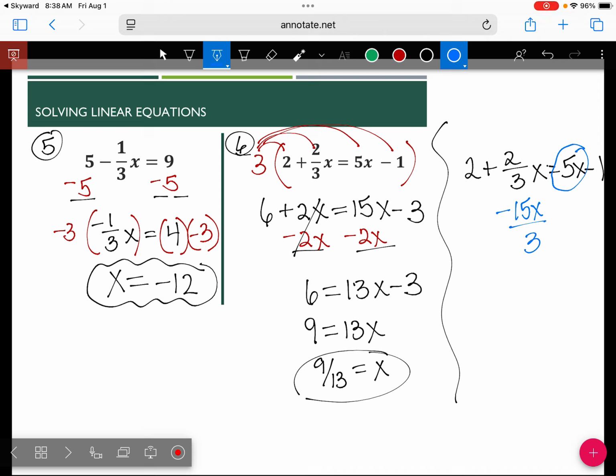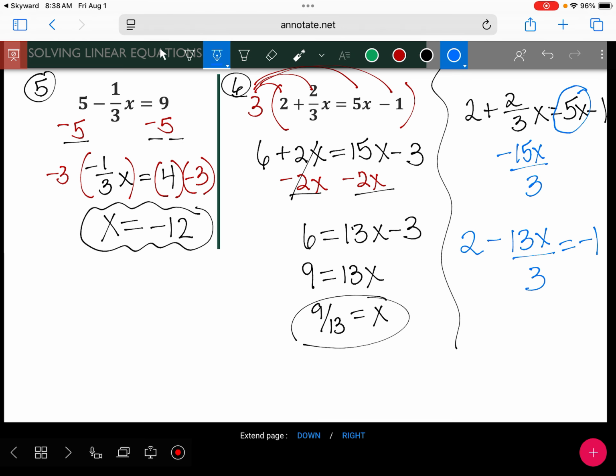So this is where it kind of gets a little icy, where people might go left, take a wrong turn. So this is an option to just clear out the fraction, but I'll finish it out. So now I have 2 minus 13x over 3 equals -1. And then I am going to subtract the 2.